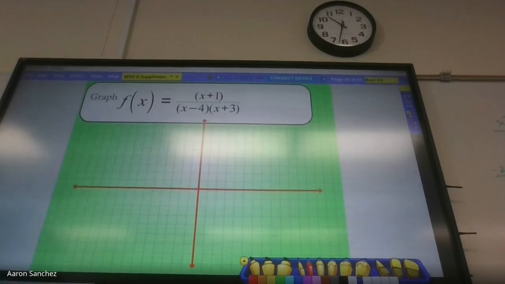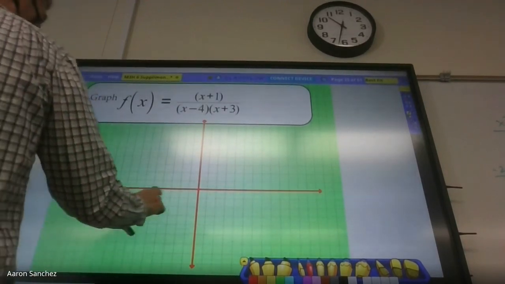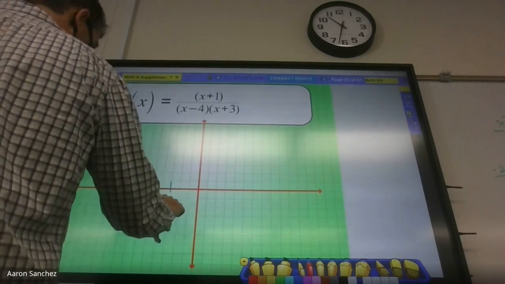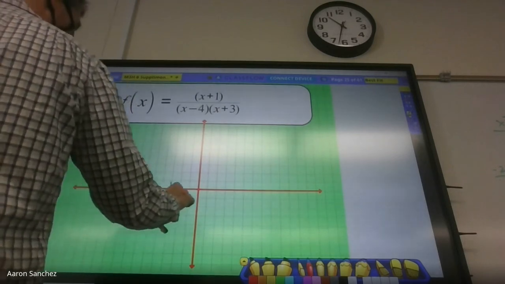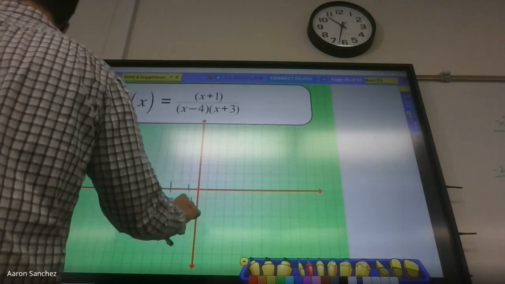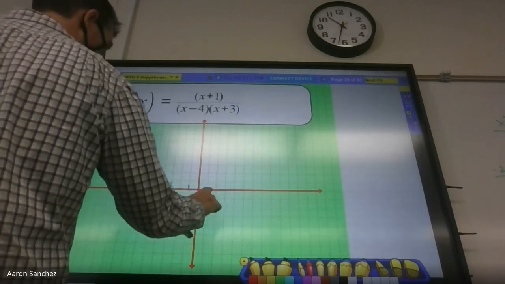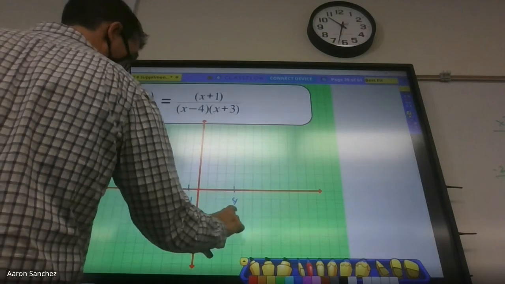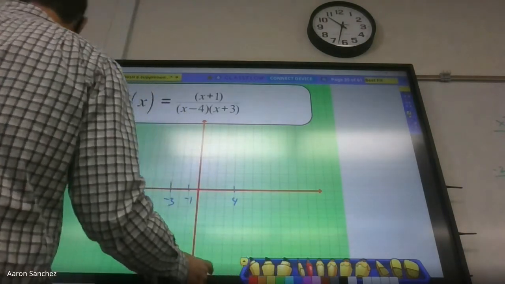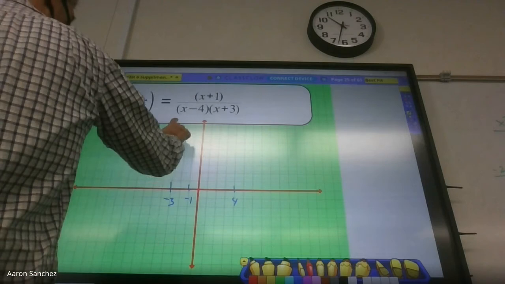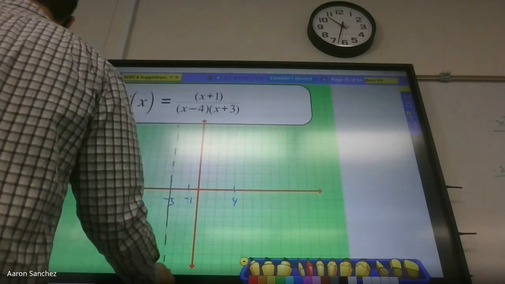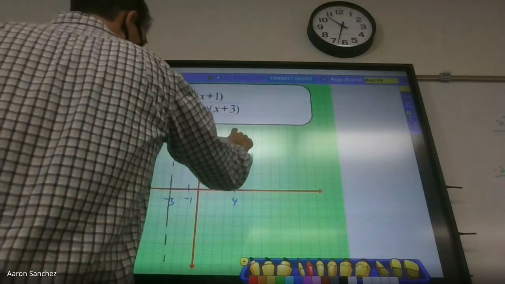Talk in your group, where's the horizontal asymptote? I'm going to set this up. So my verticals are at -3 and 4.